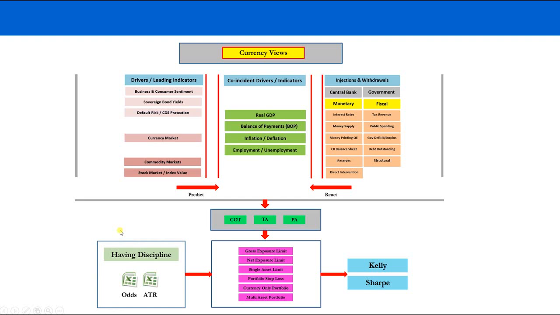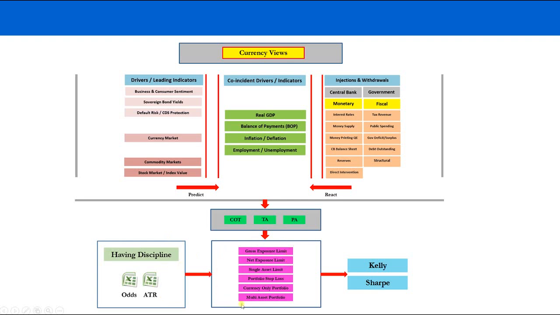So what we're going to look at here, first of all, is the having discipline section, where we'll be looking at trading psychology, why we have risk management principles or practices in place within our trading accounts, and how we actually apply it with some of the resources that we've had previously in the video series. So this will be having discipline 1, risk management 1.